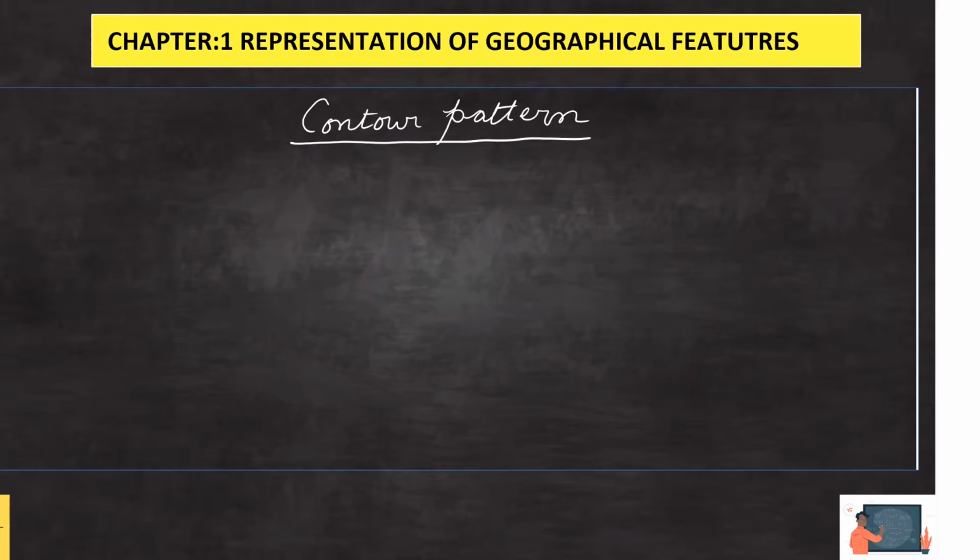In the last video, I told you what contour is. So contour is an imaginary line which joins the equal heights of a particular area, right? So by seeing the pattern of contour, we can easily identify which kind of landform this is, either mountain or plateau.